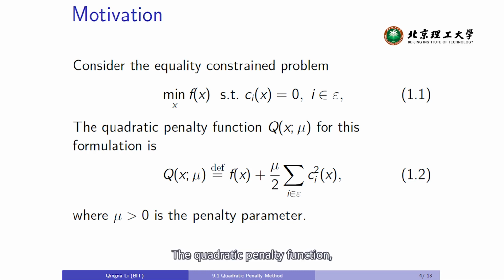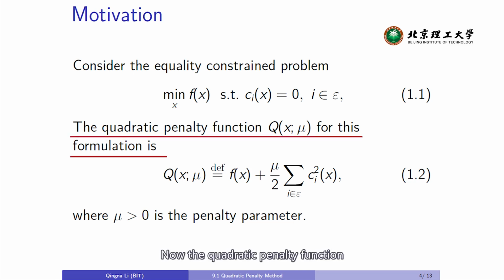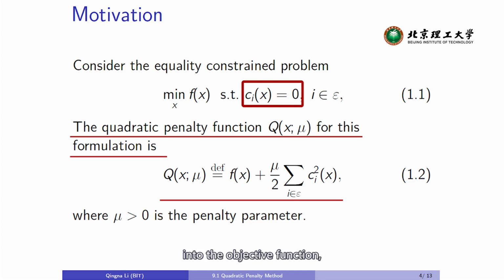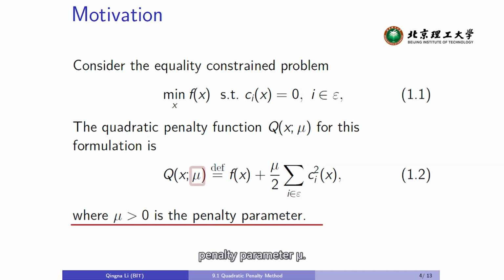Okay, so the quadratic penalty method basically means that we take the quadratic penalty term of the constraint into the objective function, right? The quadratic penalty function for the problem here is that we penalize each of the equality constraints with a quadratic term. After that, we take the sum of all the violations and multiply it by a penalty parameter mu.